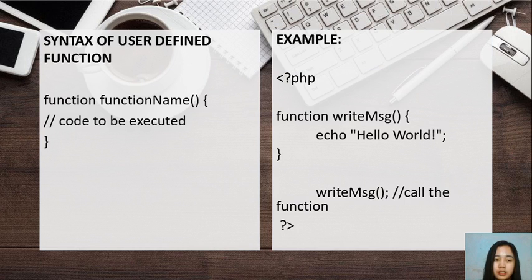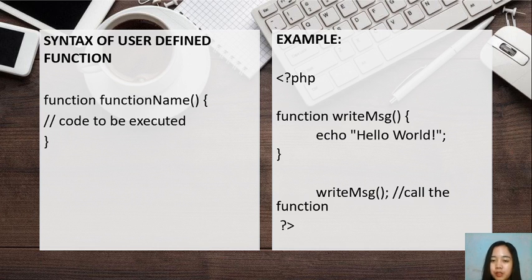First is the syntax of a user-defined function: the keyword function, then the function name, open and close parentheses, then curly braces, open curly brace, code, then close curly brace.